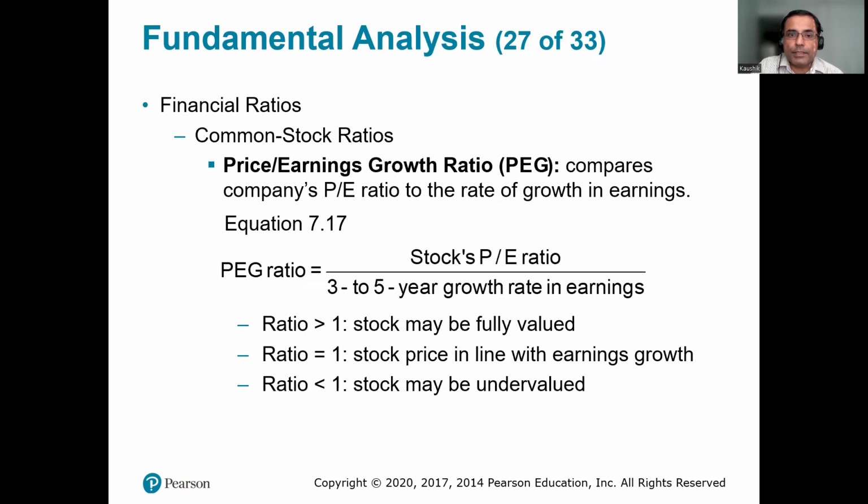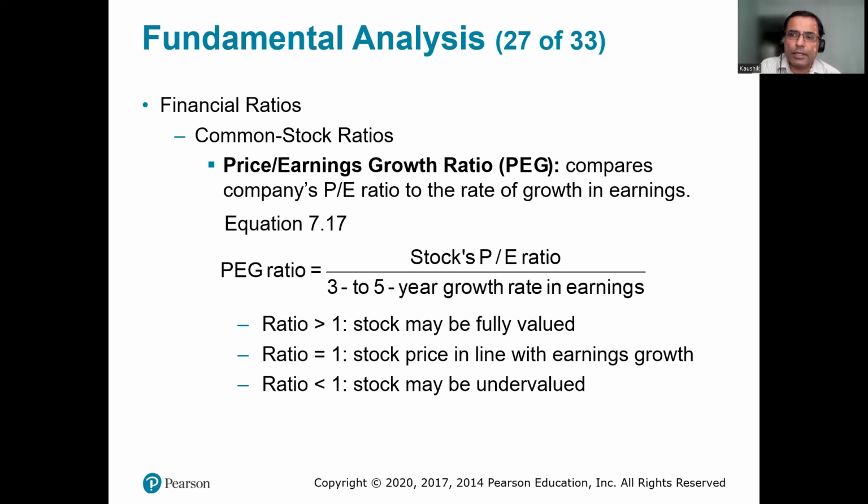Then we have the price earnings growth ratio. We have the P by E ratio divided by the 3 to 5 year earnings growth rate. If the ratio is more than 1, then the stock is fully valued. The stock price may decline in future if the ratio is very high, which means it's an overvalued stock. If the ratio is 1, the stock price is in line with earnings growth.